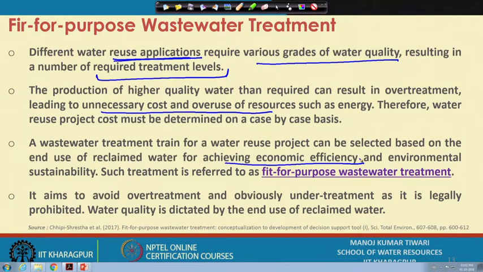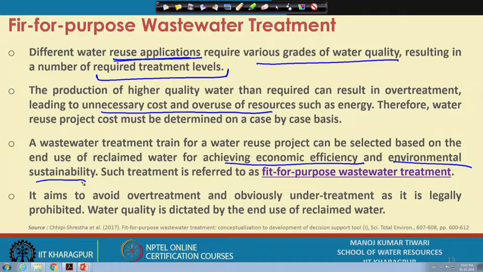Then the wastewater treatment train, or treatment scheme, for a water reuse project will be selected based on the use of the reclaimed water, for achieving economic efficiency and environmental sustainability. How we can produce environmentally sustainable reclaimed water in an economically efficient fashion will guide what kind of treatment scheme we adopt, or what unit processes, combination and arrangement of units.